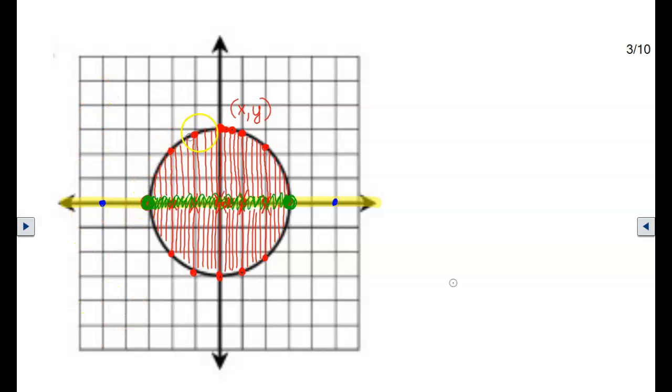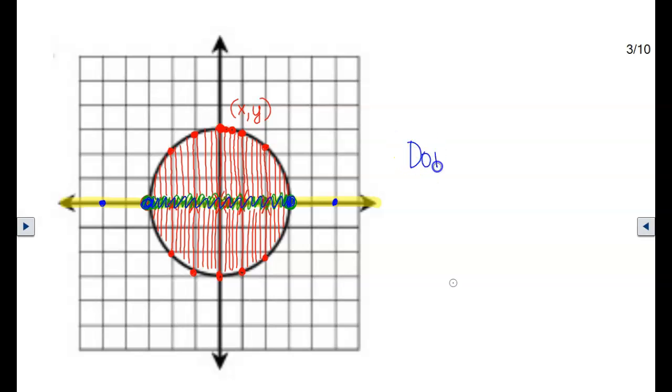But if I take all the points on the top half of the circle and trace them back to the x-axis, and all the points on the bottom half of the circle and trace them back to the x-axis, what I see is this part of the x-axis right here would include all of the x values on this circle. So that part that I just shaded in blue is my domain.